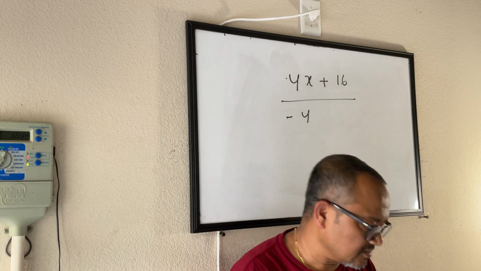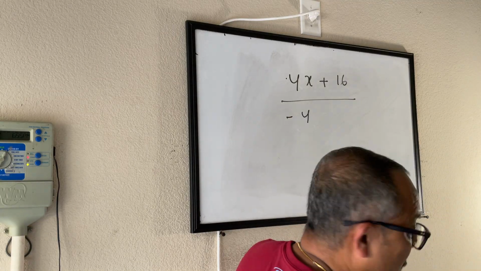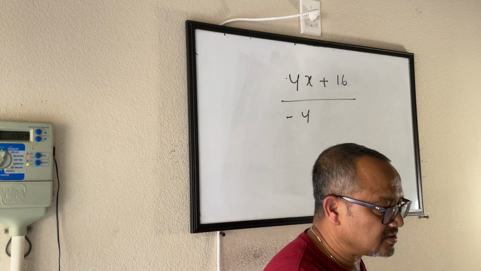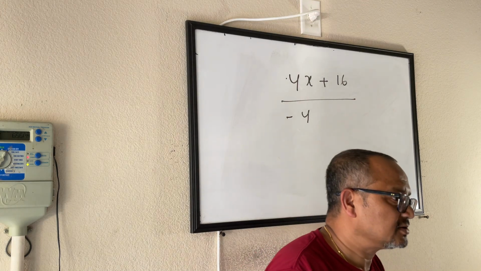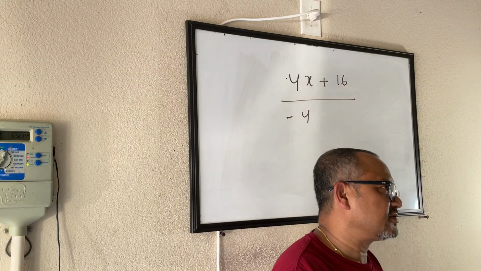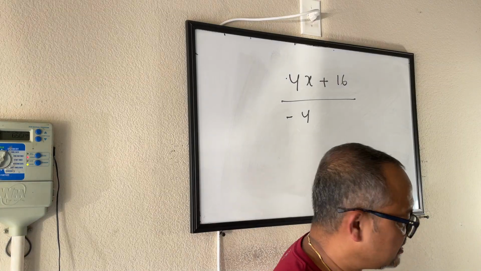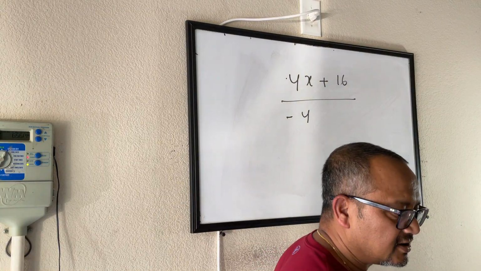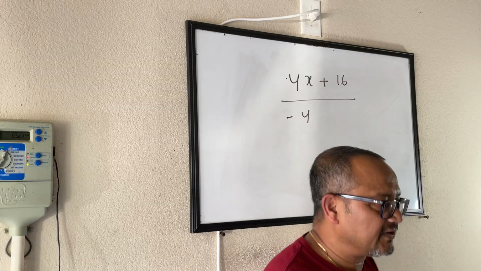Negative x, wait, sorry, negative x plus negative 4. Okay. How about you, Vita? Negative x plus negative 4. Okay. Advik. Negative x minus 4. Okay. Yeah. I heard different answers.